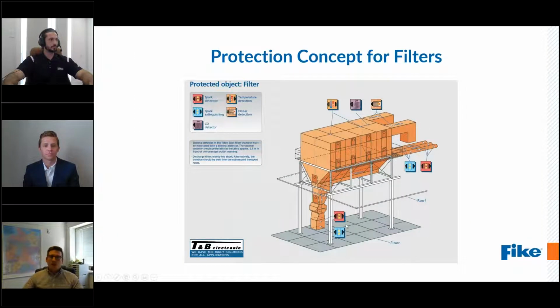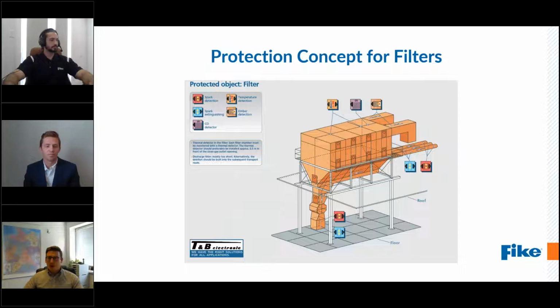Let's talk about the protection concept for filters. Here you see a typical filter with suction pipes, back air, and an outlet of the filter. We install spark detectors in every suction pipe, and we install automatic extinguishers in every suction pipe as well, for sure in front of the filters, because we want to prevent an ignition particle from entering the filter.